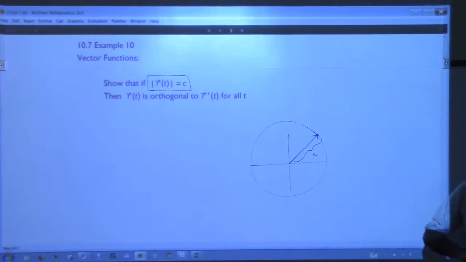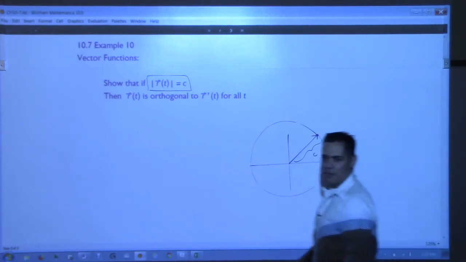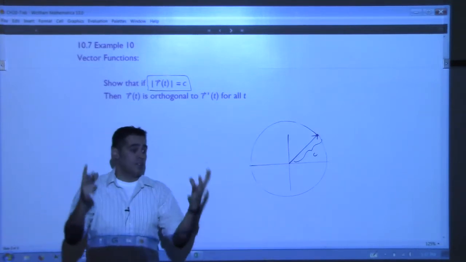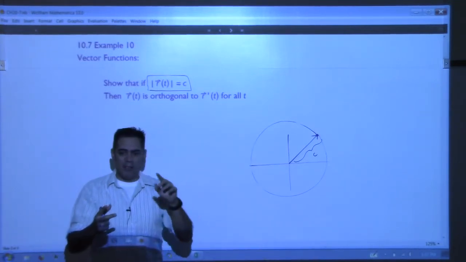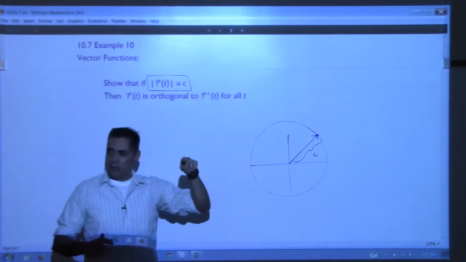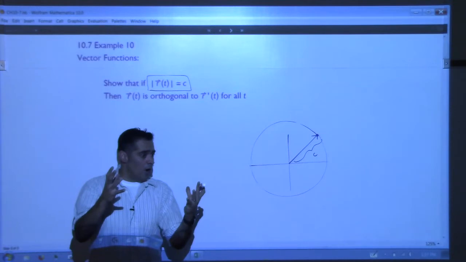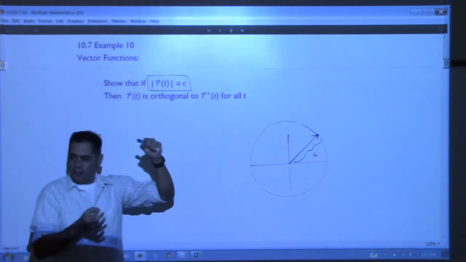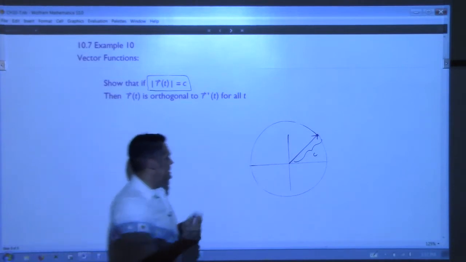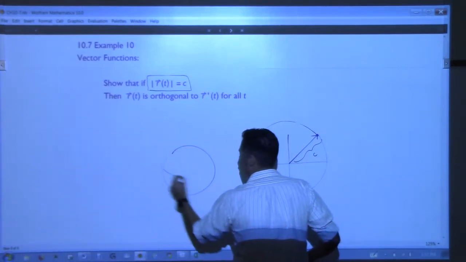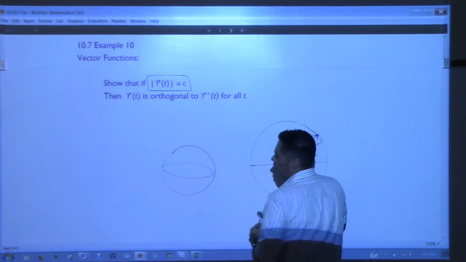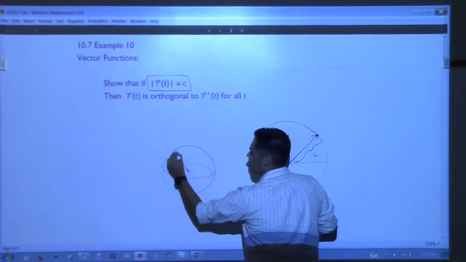That's in two-dimensional space. But what about in three-dimensional space? You have to be on a sphere. Now, imagine a bug crawling around on a ball. As long as he's on the ball, he's always maintaining a distance of c from the origin. But the path along the ball can be anything. So there's a ball, and let's say the radius of this ball is c.